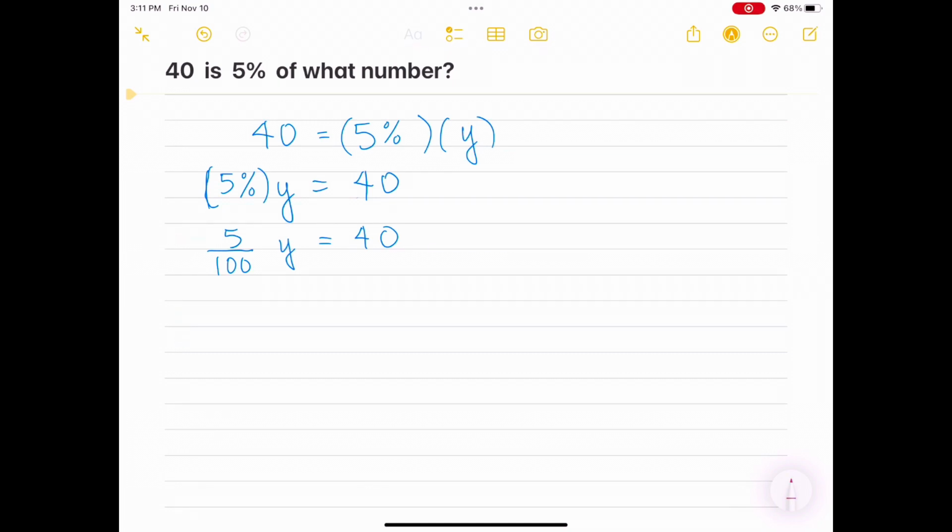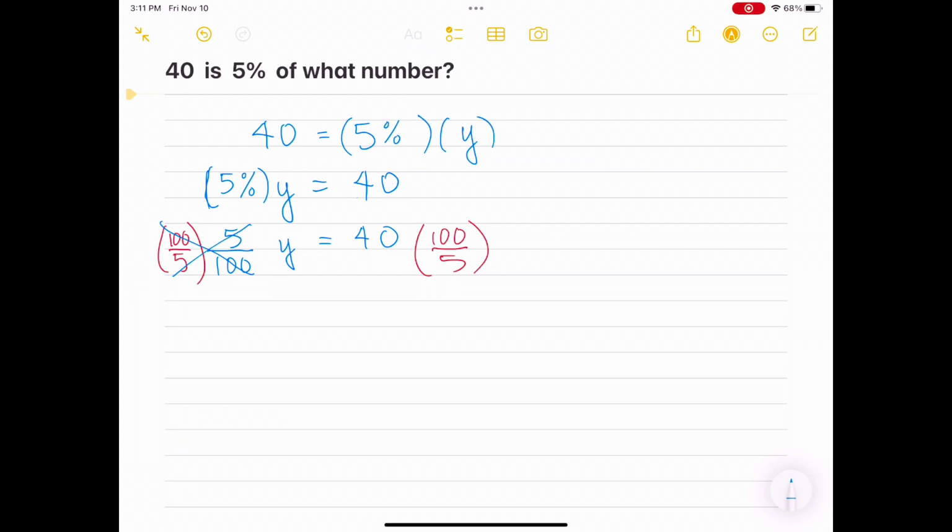And we work to get y by itself on the left-hand side of the equation by multiplying with the reciprocal of 5/100ths, which is 100 over 5. Whatever we do on one side of the equation, we must balance by doing on the other side of the equation. So we multiply the right-hand side of the equation also with 100 over 5.